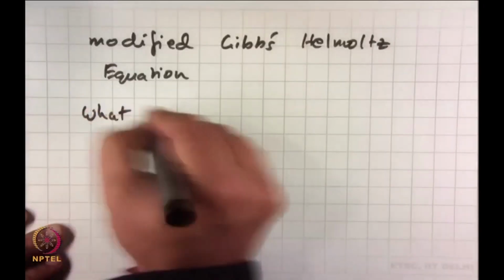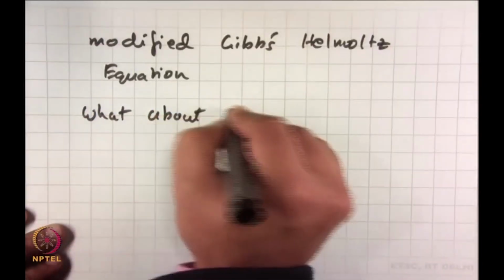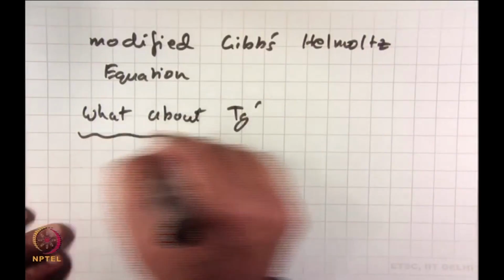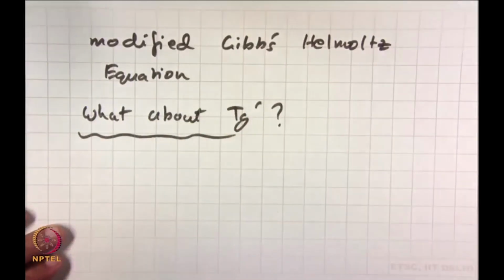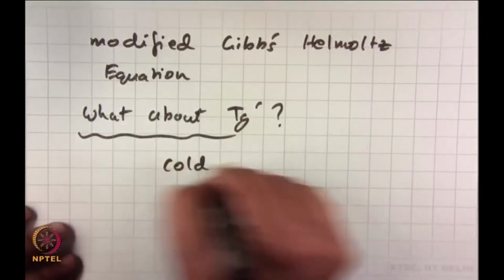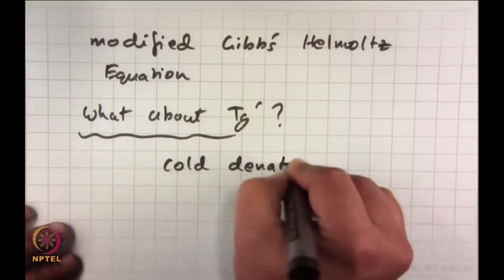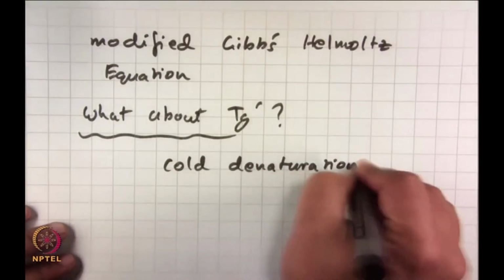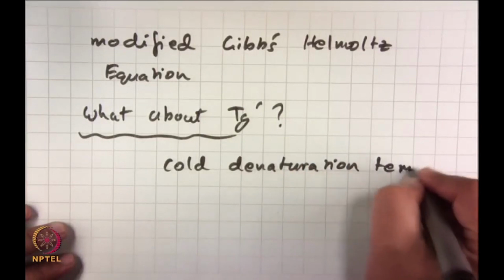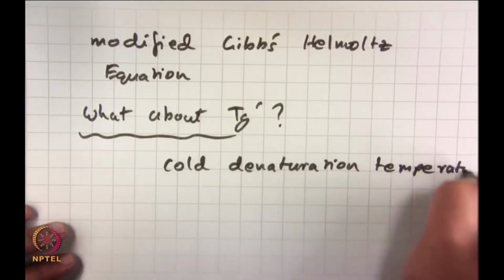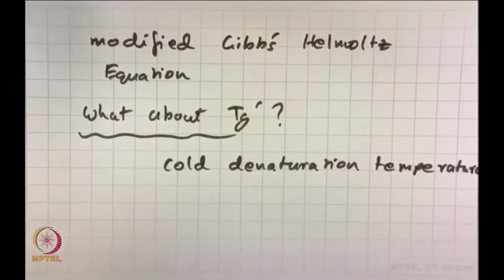What about T g prime? What about T g prime? This is our cold denaturation temperature. So, T g prime is a cold denaturation temperature. Okay.